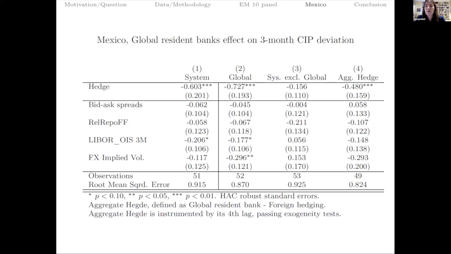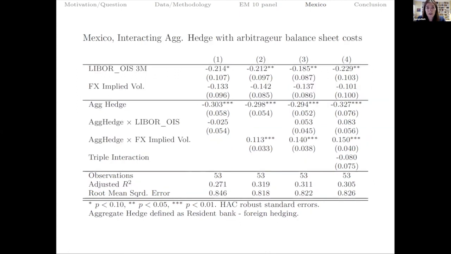We have the remainder of demands, and that's the aggregate hedging column results in column 4. And again, we see that that's a negative coefficient. So even for this time period, even with the foreign investor hedging demand offset, the banks are still associated with a widening of the CIP deviation. So that's the key results out of the Mexico case study.